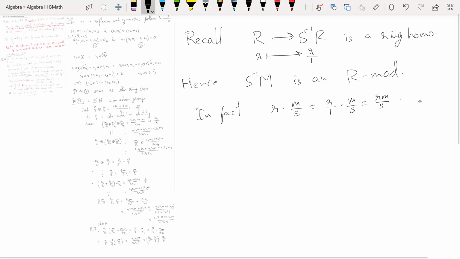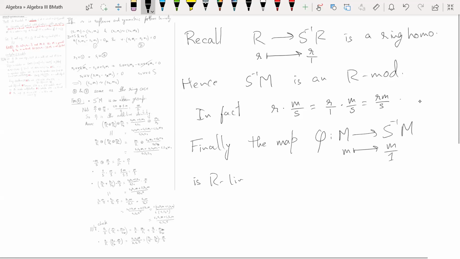Okay, and finally the map phi from M to S inverse M, sending M to M over 1, is R linear. To check that, we have to check that it's a group homomorphism and that it behaves well with scalar multiplication.